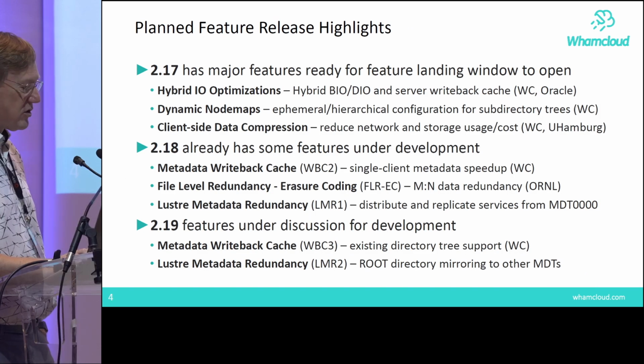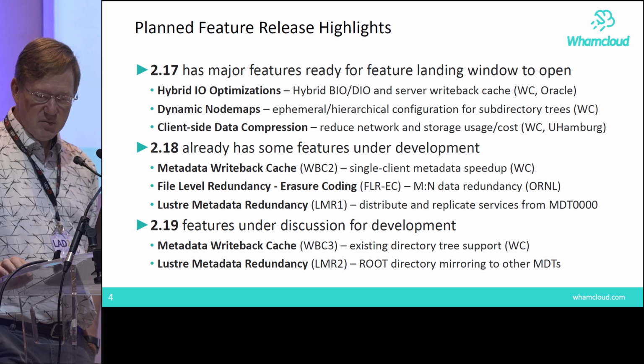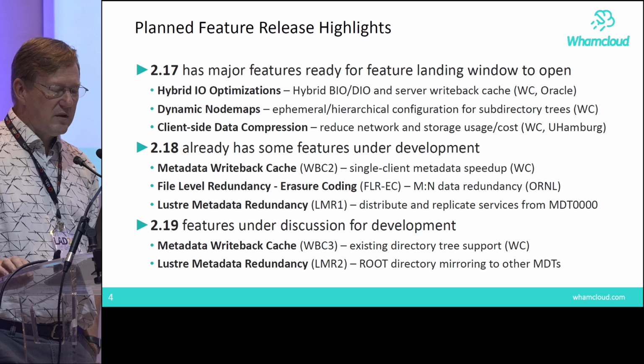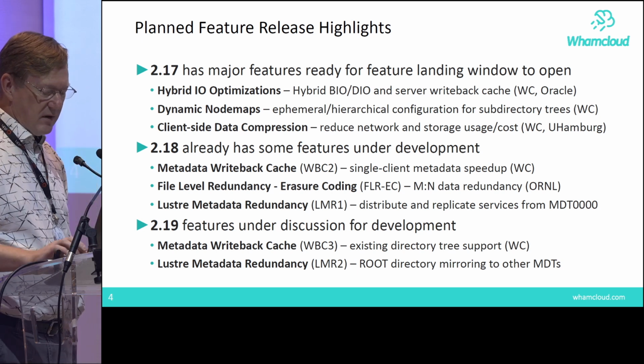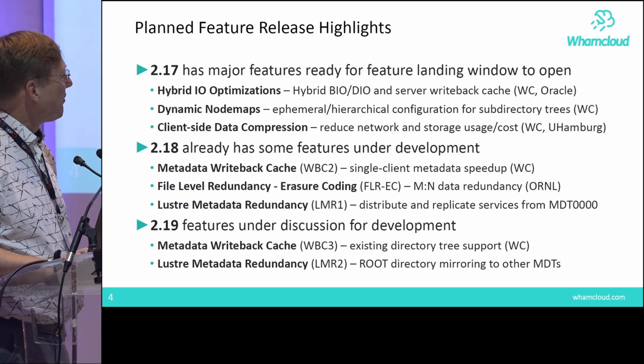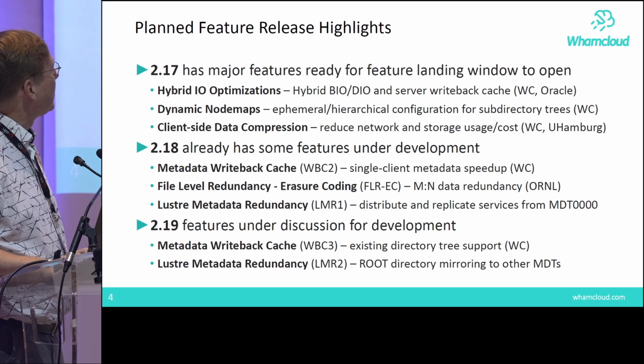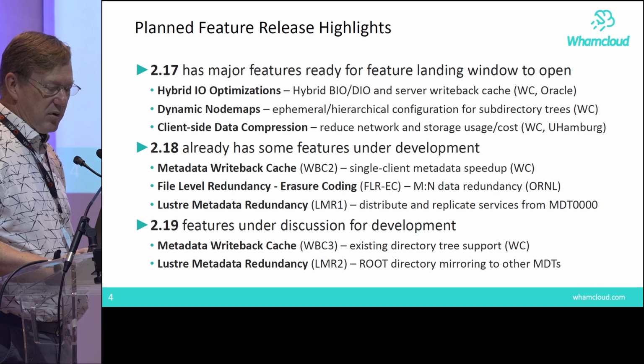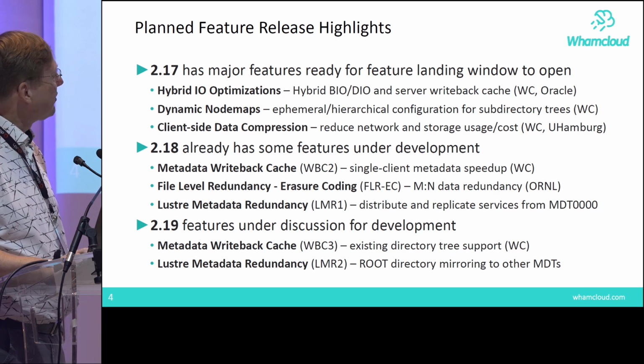So the major features coming up, I've taken off 2.16 because it's pretty much done. Starting with 2.17, we actually have already a number of features that are pretty much developed, and they're coming up into a future release.